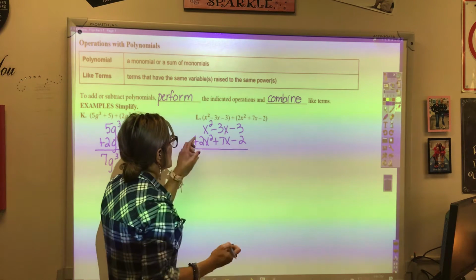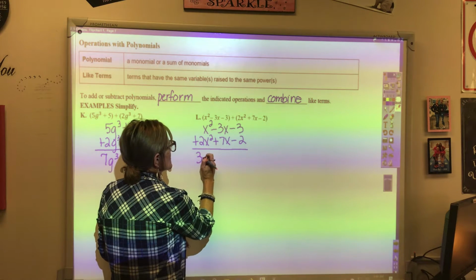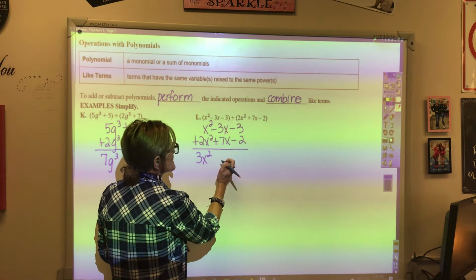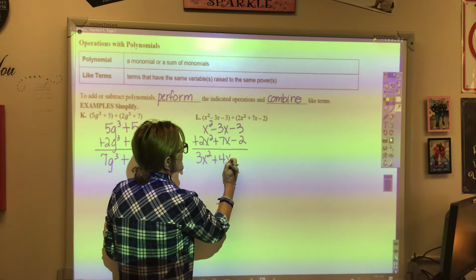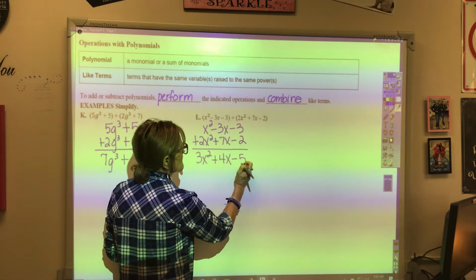So we would have 1x squared plus 2x squared would be 3x squared. Negative 3x plus 7x would end up being a positive 4x. And negative 3 minus 2 would be minus 5.